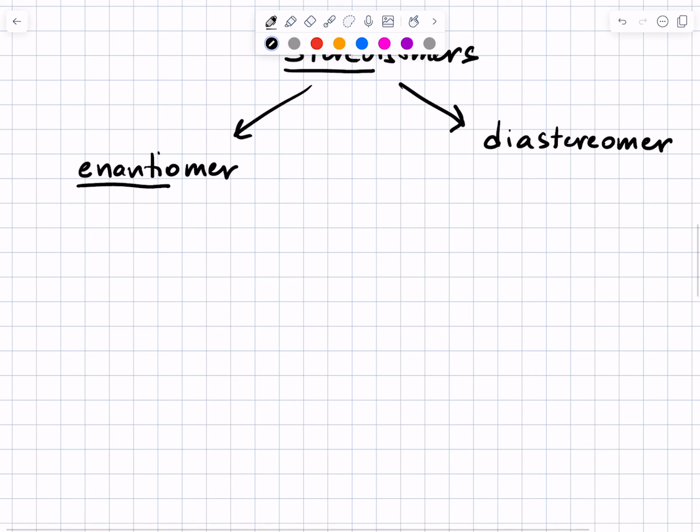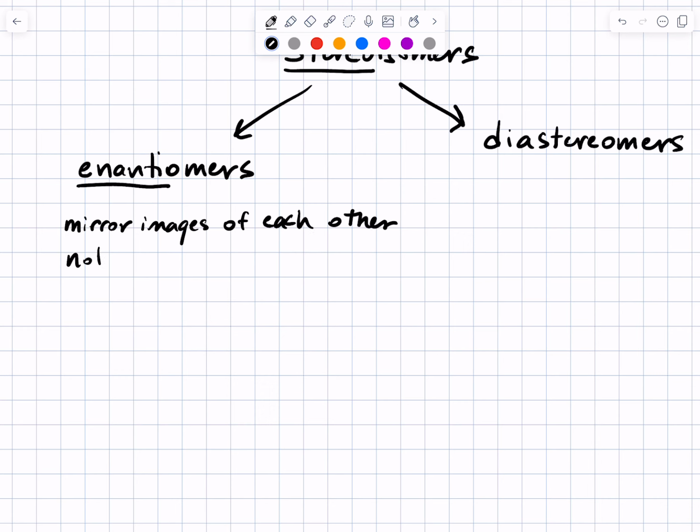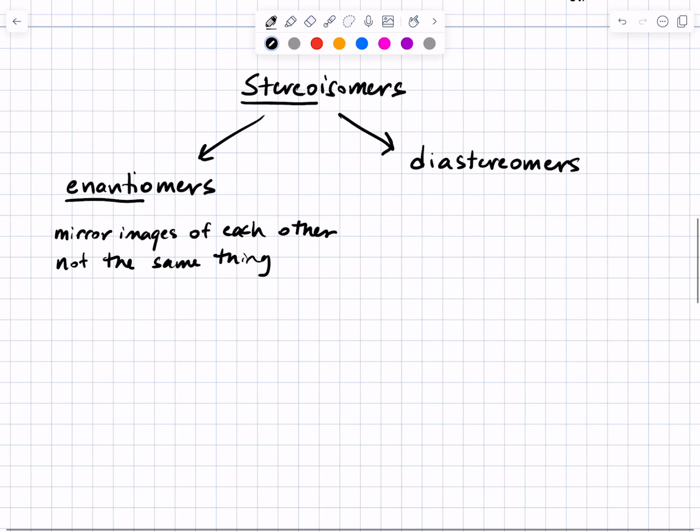Enantiomers are stereoisomers that are mirror images of each other, but are not the same thing. Okay, and diastereomers are going to be stereoisomers that are not enantiomers.